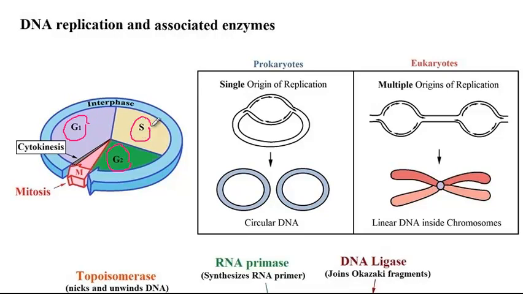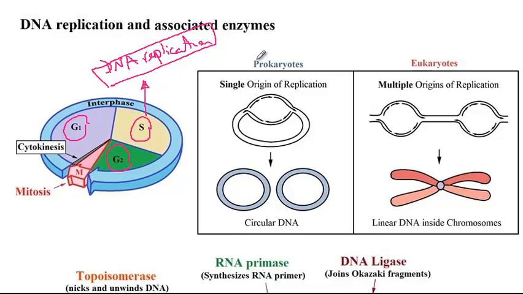And then S phase is when DNA replication actually happens. And then during mitosis, that's the time that chromosomes will separate into separate poles, and then finally during cytokinesis, the cytoplasm will also divide.